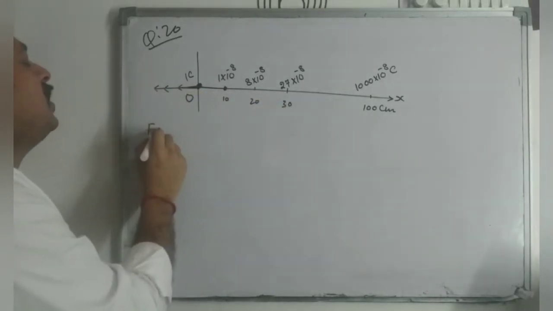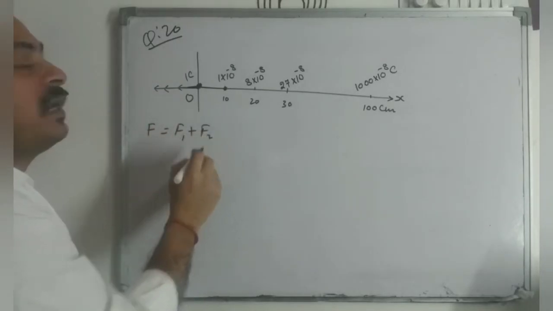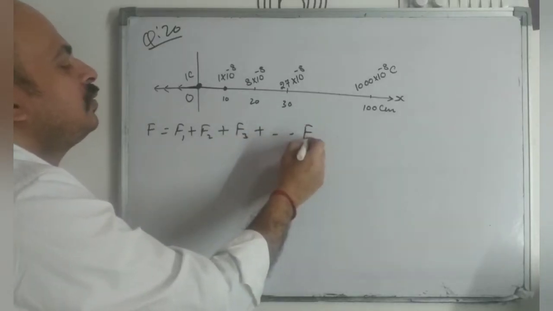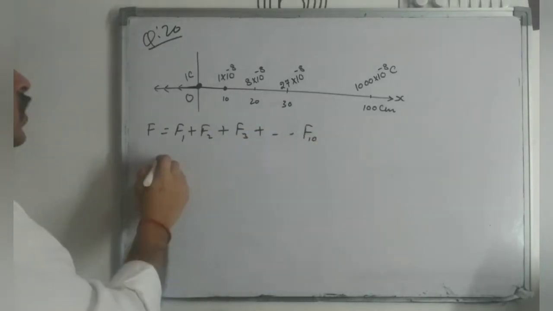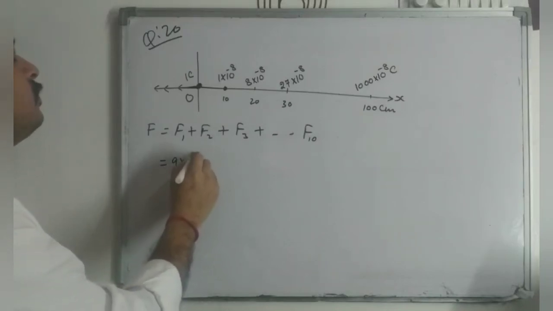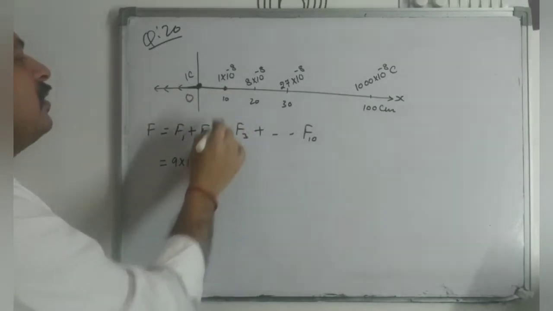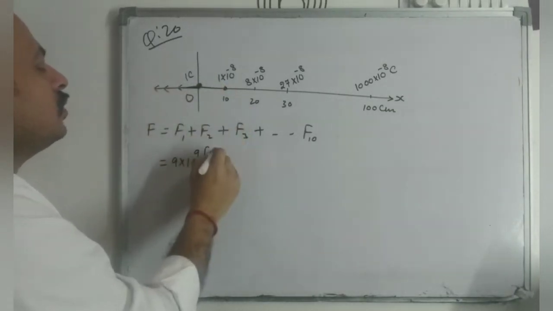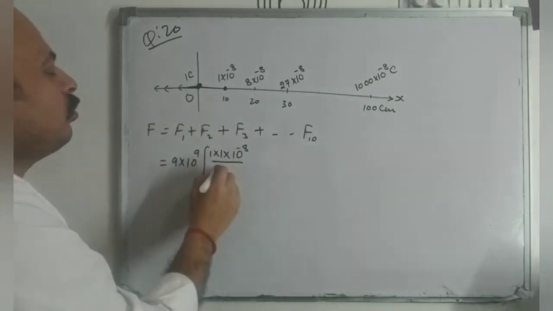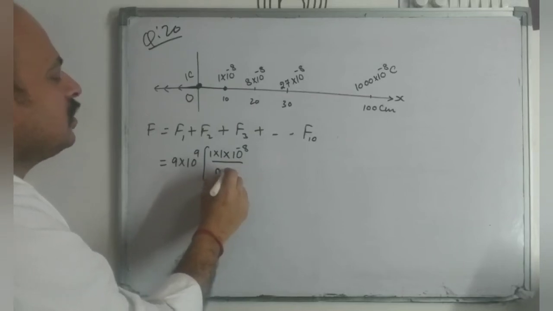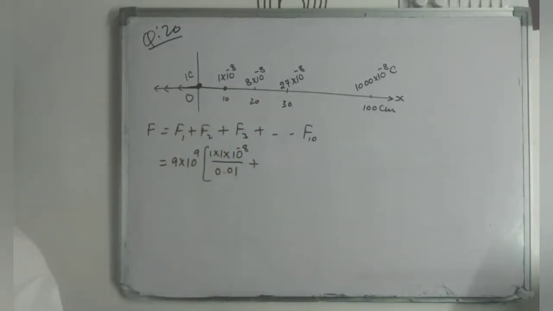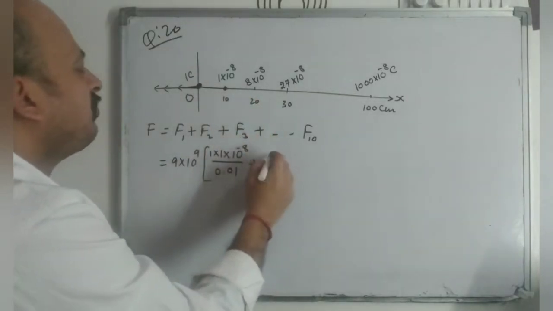So net force will be equal to, because all are directed along the same line, the algebraic sum of all: F1 plus F2 plus F3 up to F10. So net force will be equal to K common, K is 9 into 10 to the power 9. Charges are 1 into 10 to the power minus 8 divided by 0.1 square, that is 0.01, 10 centimeter is 0.1 meter, plus F2.